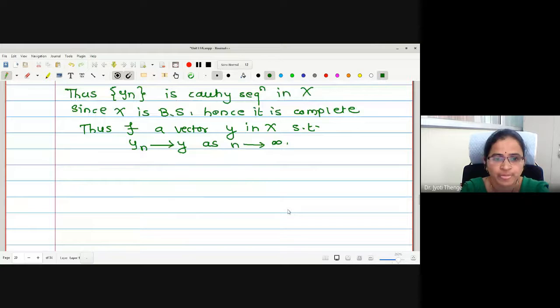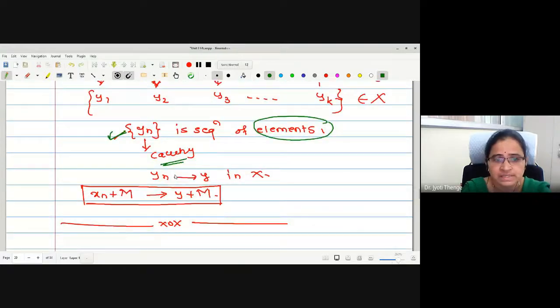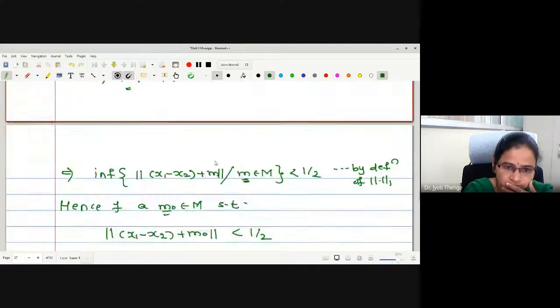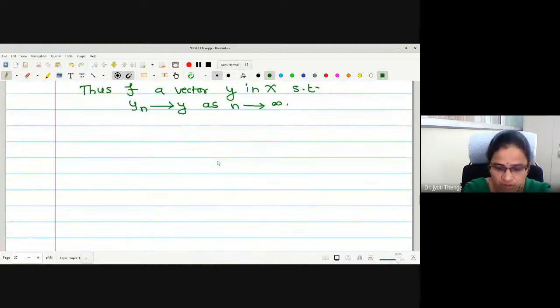Now, what is the aim to show? Here I have written that the sequence yn converges to y. But this yn we have taken as one element of every point of this sequence. What is my next job to show? xn plus m converges to y plus m. Last step of the proof. Now here I'll make a separate paragraph to conclude the proof.